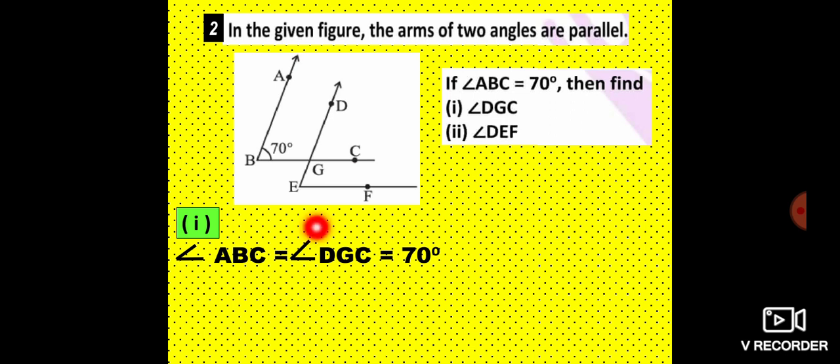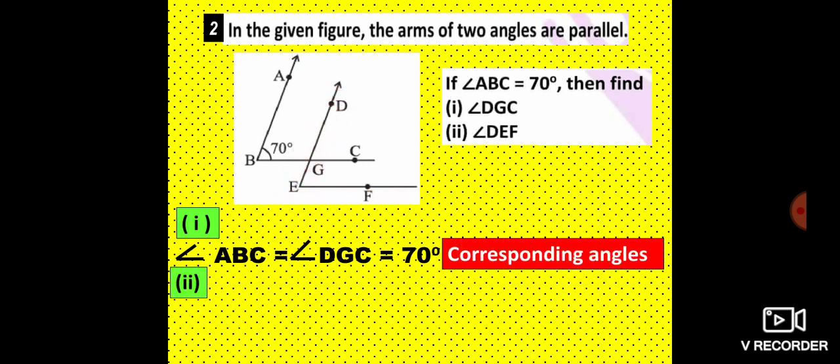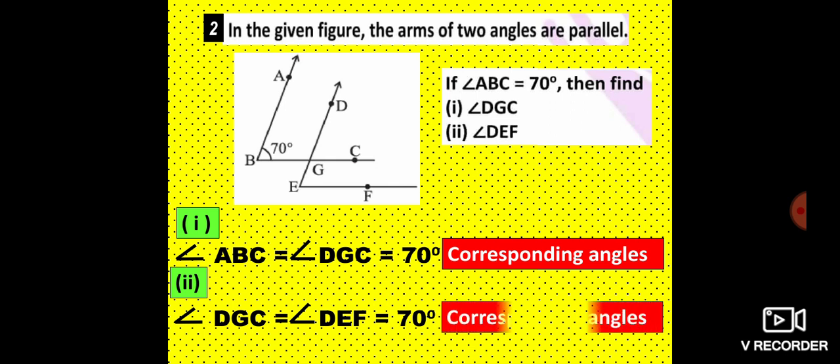We already got DGC as 70 degree. Therefore, DEF is also 70 degree. Okay, listen. Angle DGC equal to angle DEF equal to 70 degree. The reason is corresponding angles. So, we got those two angles.